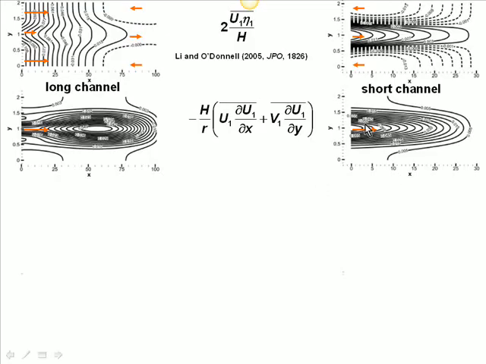And also notice, for the short channel, these flows are around 5 centimeters per second. And here, the greatest values also are around 5 centimeters per second. All right, so what's the other mechanism that we're missing? The one produced by the slope.